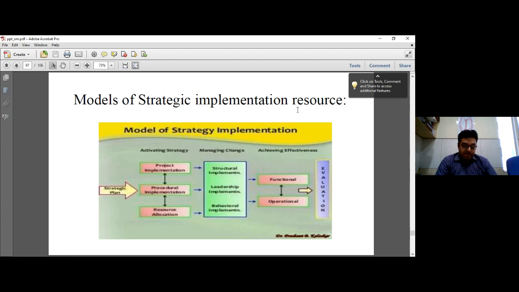So, structural leadership and behavioral implementation.